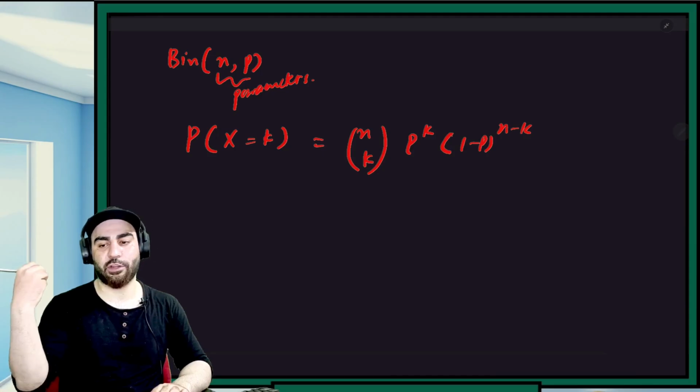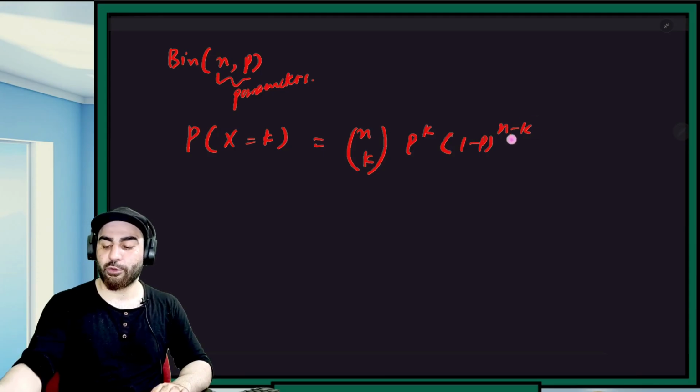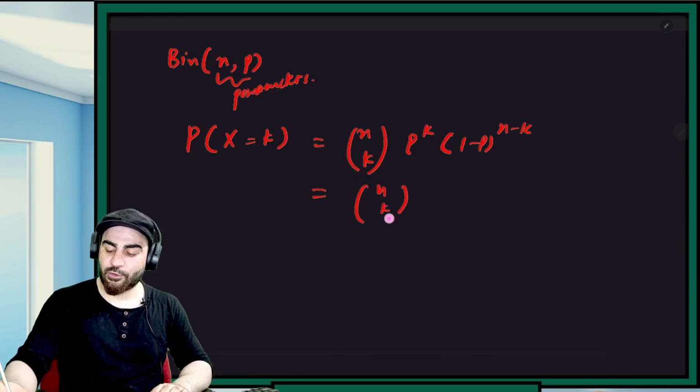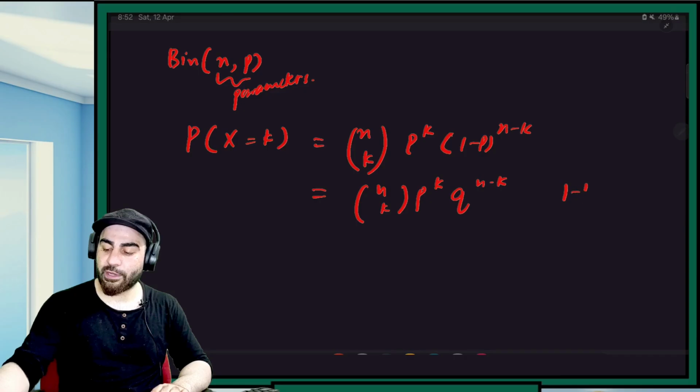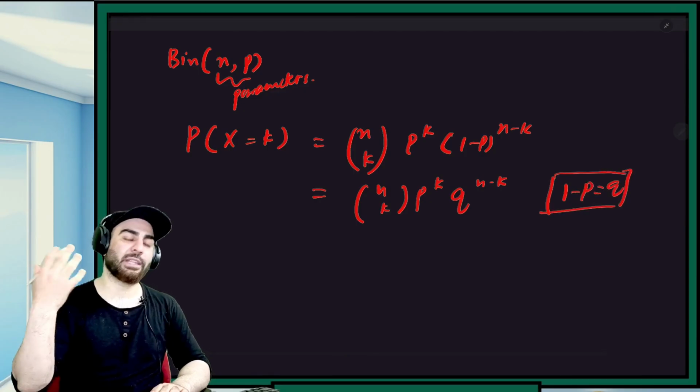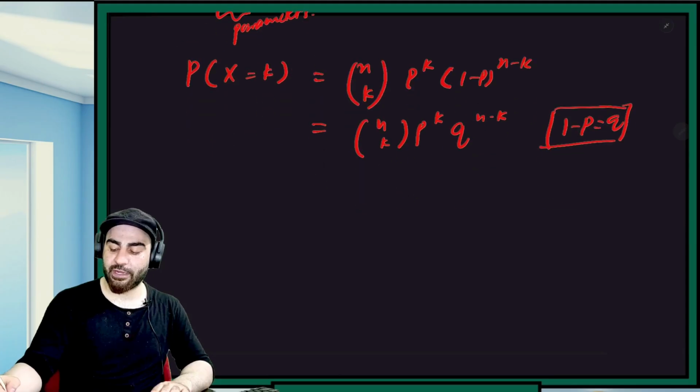You can denote this by q. So you can also equivalently write n choose k, p to the k, q to the n minus k, where 1 minus p is equal to q. This has also been discussed, and how we arrive at this formulation is pretty easy. And now we want to find the expectation of this.